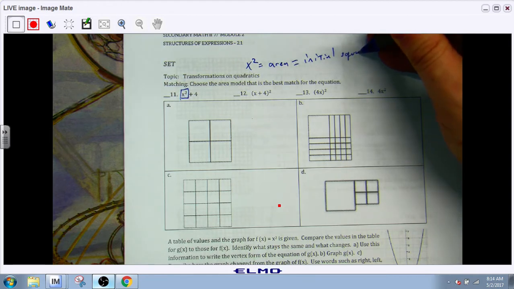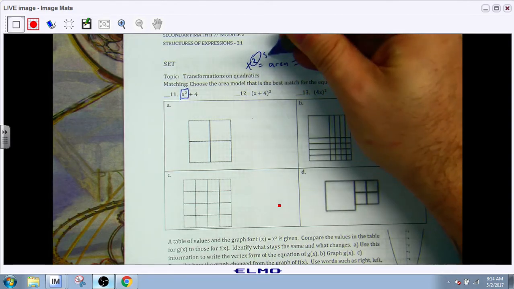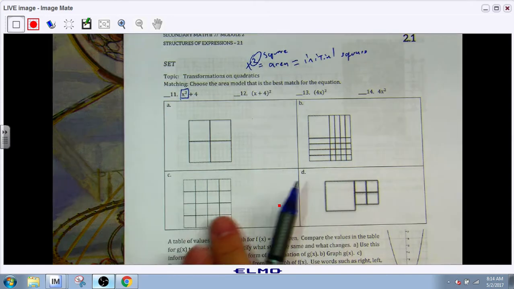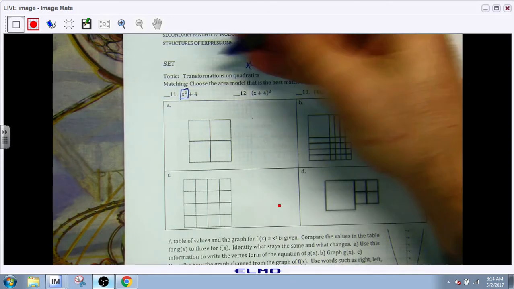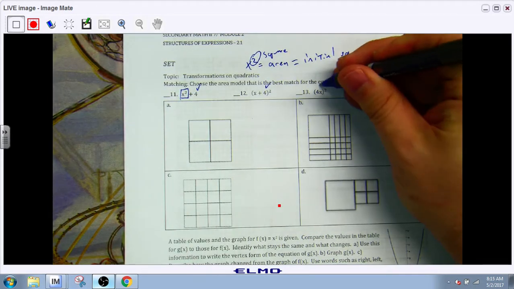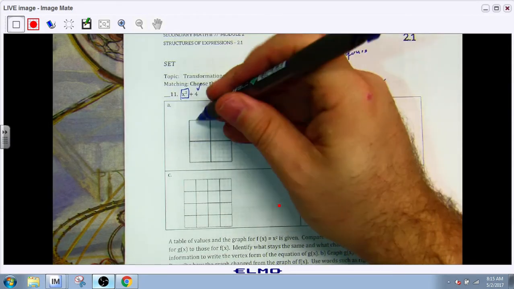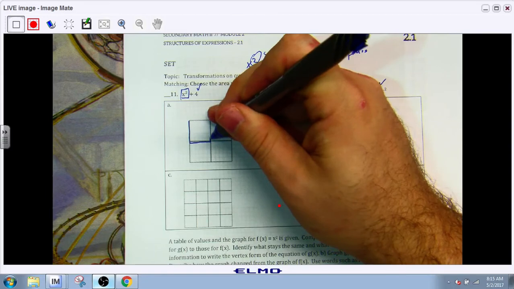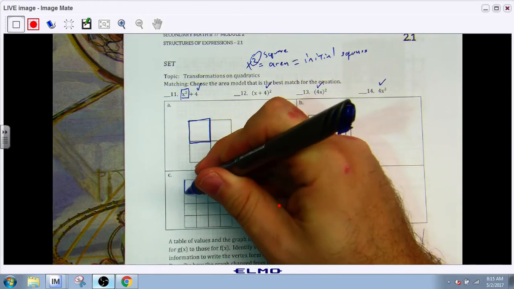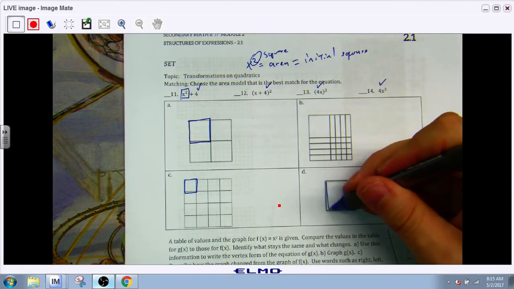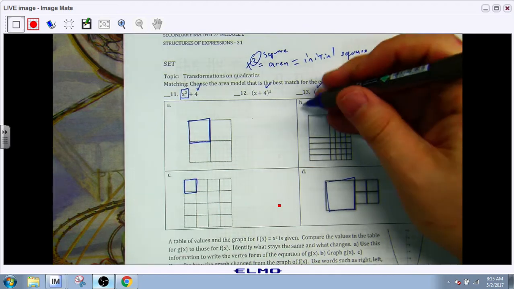That's why it's called squared. Okay. So when I'm thinking about this problem, I see that we're doing different things to the x at each step, but I'm always going to think about the x squared. This is the x squared right here. This is x squared. This is x squared. This is x squared. And then this is x squared.